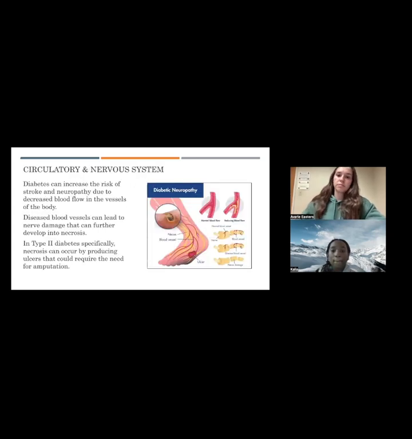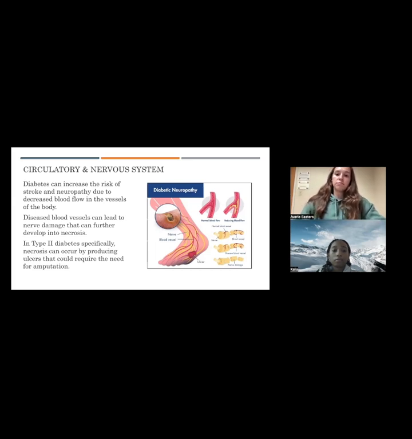So, another system affected by diabetes is the circulatory system and the nervous system. Diabetes can actually increase the risk of stroke or peripheral neuropathy due to the decreased blood flow to the blood vessels throughout the body. And the diseased blood vessels can further develop into nerve damage, and that can lead into ulcers or necrosis.